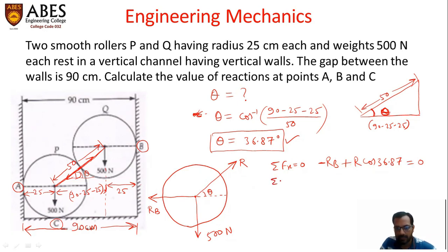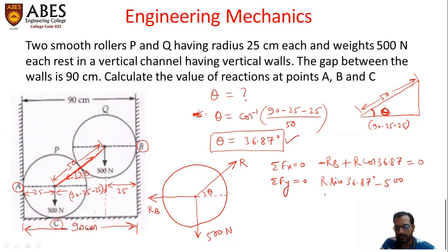Now let's write the summation of forces along the y-axis equals 0. So what should be the equation? R sine theta, which is acting in the upward direction, R sine 36.87, minus 500, because this weight is acting downwards.